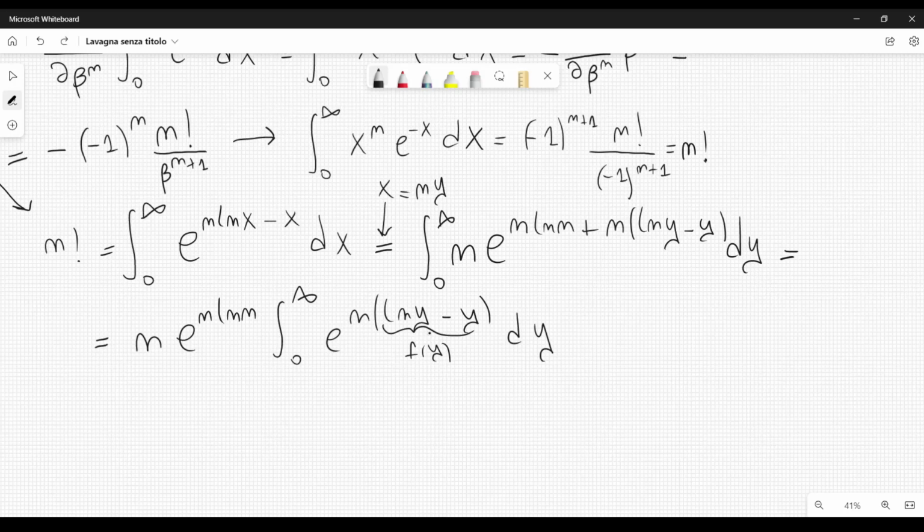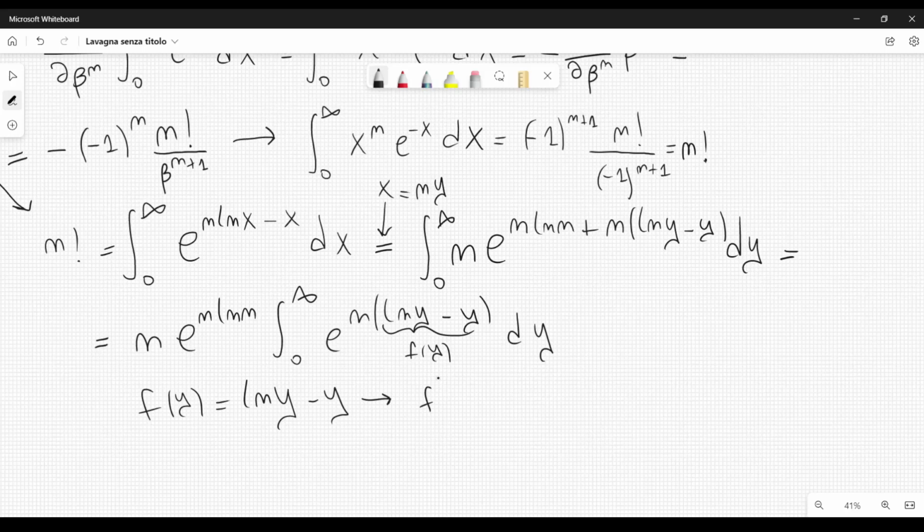So we are going to find the approximation of the function f of y near its maximum. If we go near its maximum, this will be a good approximation for this integral because we have an exponential here. The exponential near its maximum will perfectly approximate this integral. So let's find the maximum of that function. We have the function f of y equal to log y minus y.